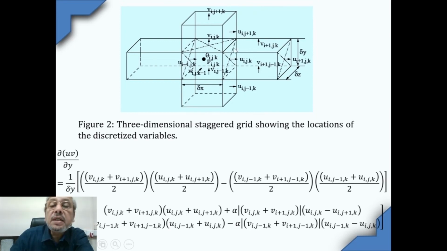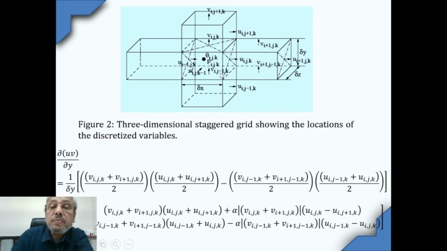So that makes u into v available at this point, that makes available this term. Now again u into v at this point, that means vi j minus 1k is defined here, vi plus 1 j minus 1k is defined here.